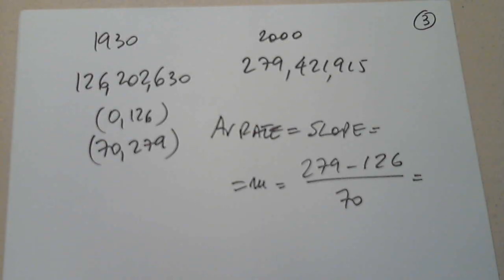Is the population decreasing? No, because the slope is positive. So it's B. Okay, round to the nearest hundredth as needed. So I will enter 2.19. Yes, 2.19.